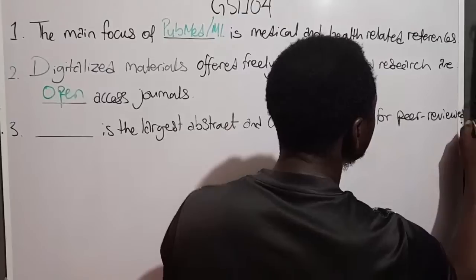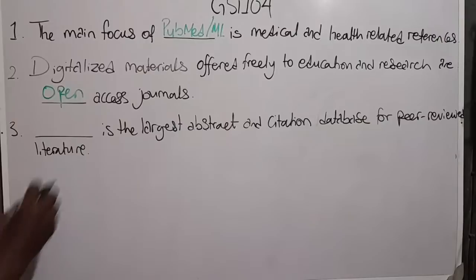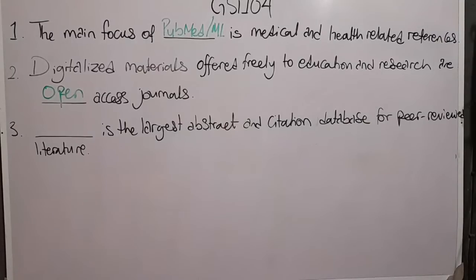Are we on the same page? Dash is the largest abstract and citation database. For what? For peer reviewed literature.